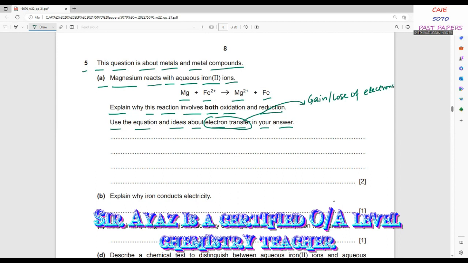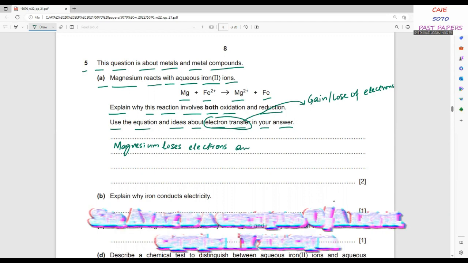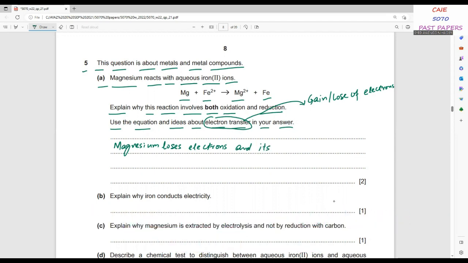So in this equation, magnesium loses electrons. You can see it because it has acquired a 2 plus charge. So it is oxidation.